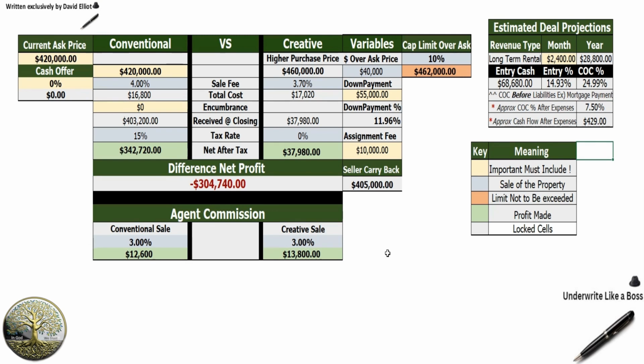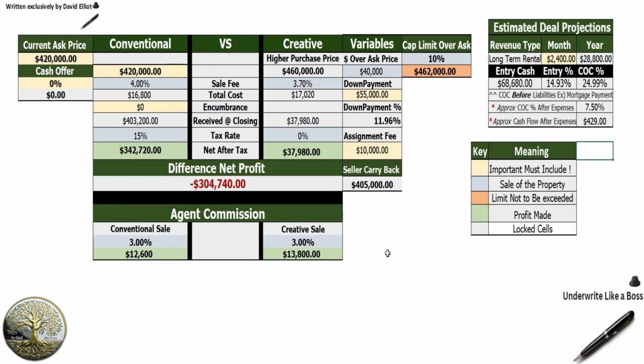Now, there is a benefit to this being seller finance. The benefit is that you, as the buyer, as the investor, or as the wholesaler, have power. Your power is in the negotiation aspect of how much you are willing to pay the seller every single month.